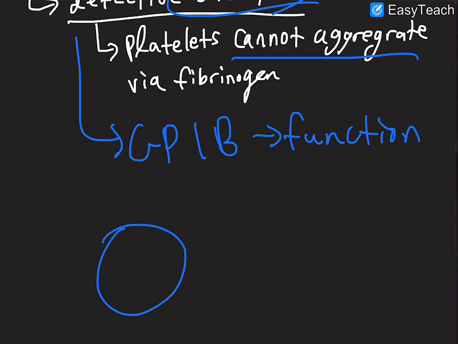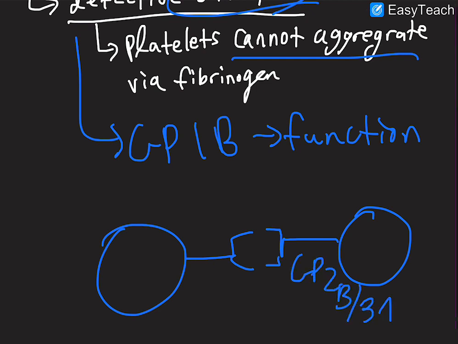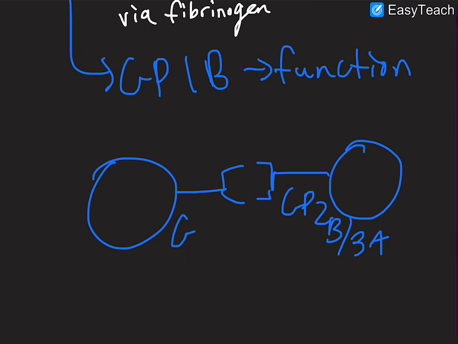And remember, this platelet will aggregate with other platelets via glycoprotein 2b3a. However, this is also glycoprotein 2b3a. But remember, they need something in order to truly aggregate, which is fibrinogen, which connects these two glycoprotein 2b3a proteins. That's how you get platelet aggregation.